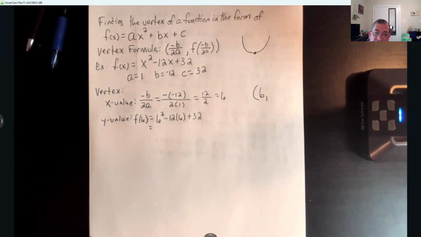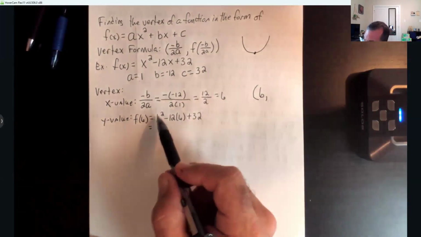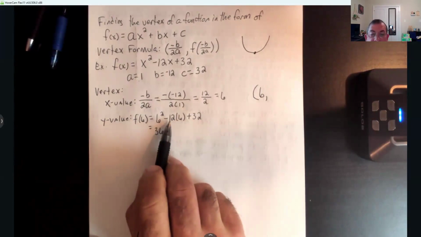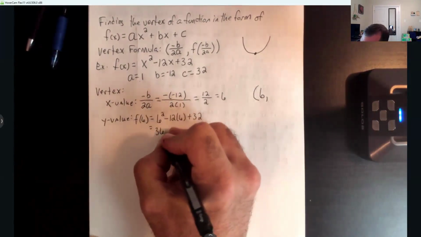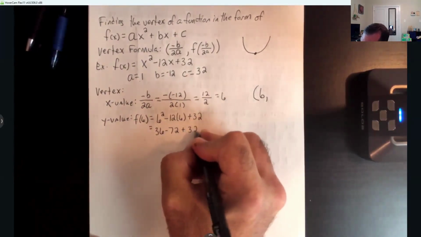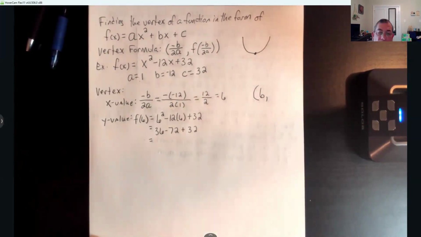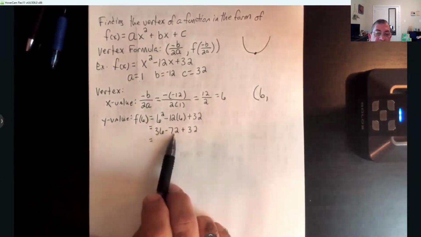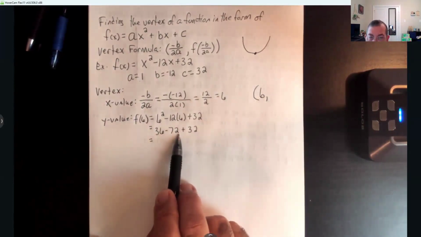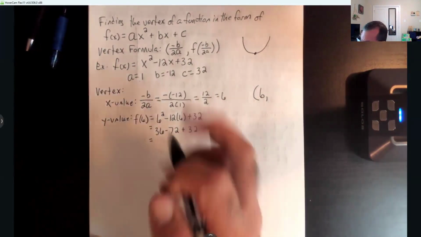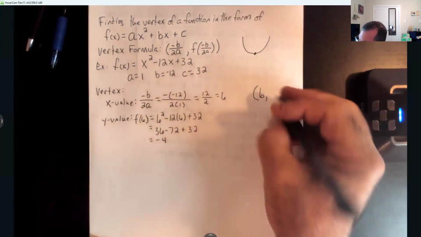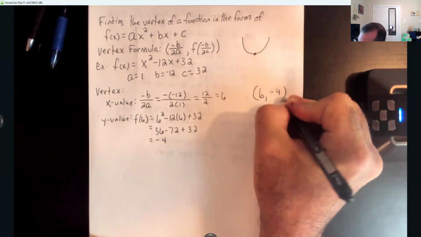I'll work this one out by hand, sort of show y'all order of operations. 6 squared, 6 times 6 is 36. Then I got a negative 12 times 6, which would be minus 72. And then plus my 32. Going through, 36 minus 72 gives you a negative 36. Negative 36 plus 32 gives me a negative 4. So we now know that our y value is negative 4.